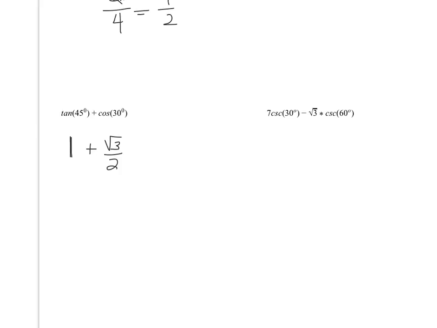Now there's not much you can do because this has a root and this doesn't. The only thing I could do is write this as 2 over 2, to make them with common denominators. So sometimes people would write them as 2 plus the square root of 3 all over 2. Even though you're really not putting them together, you're just putting them over a common denominator. It's sometimes written like that. Very similar to a solution of a quadratic formula.